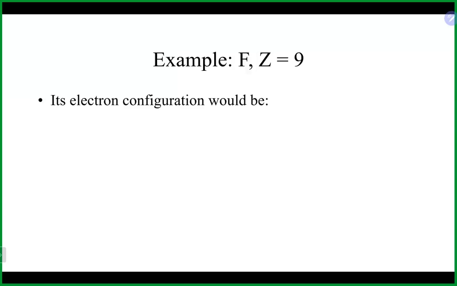And number 9, which is our fluorine, since we still have room in that P subshell, 1s2, 2s2, 2p5, giving us 7 in the second energy level and 2 in the first.